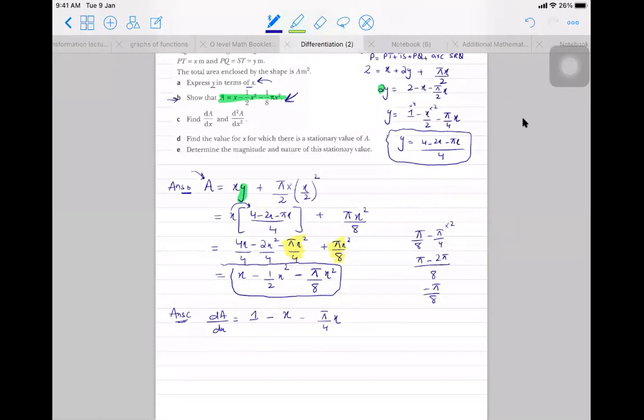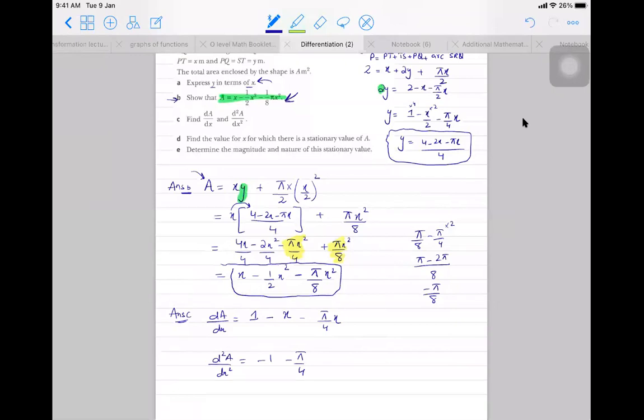This is the first derivative. The second derivative is going to be minus 1 minus pi by 4. Are we all on the same page? Yes, sir.